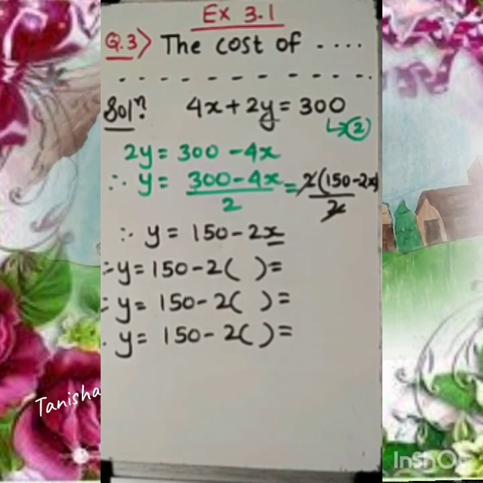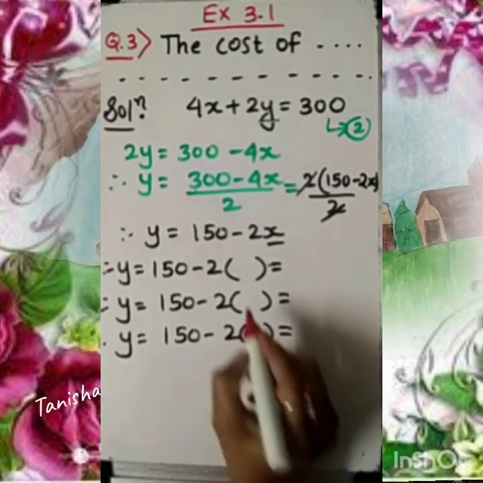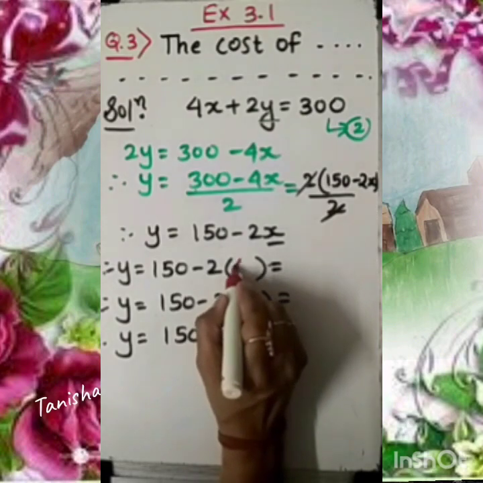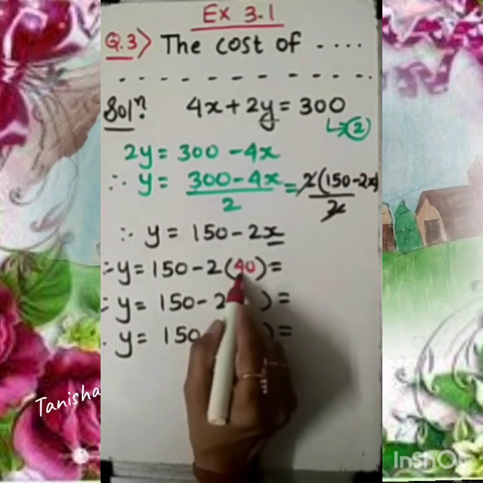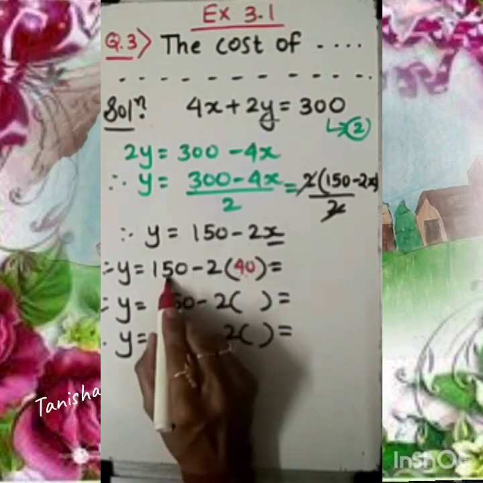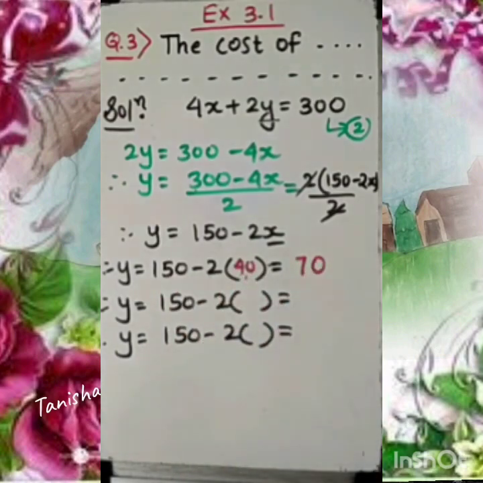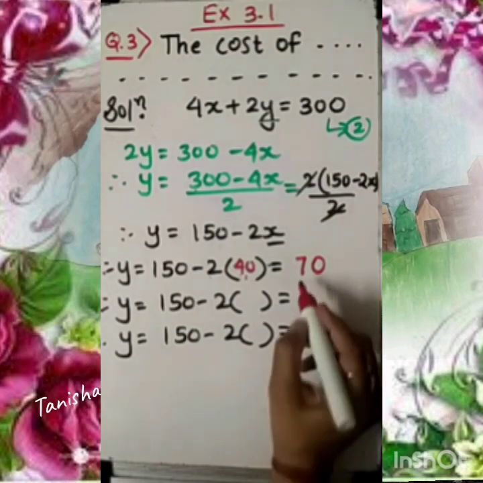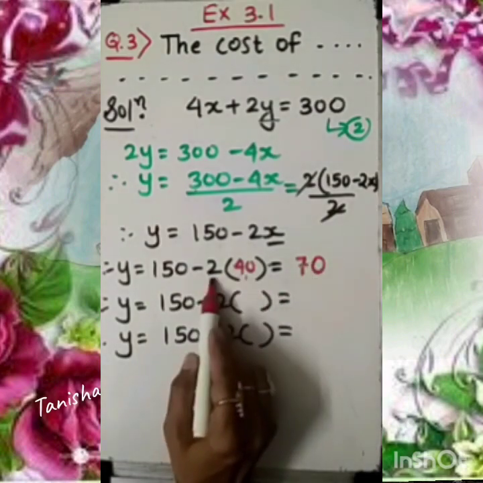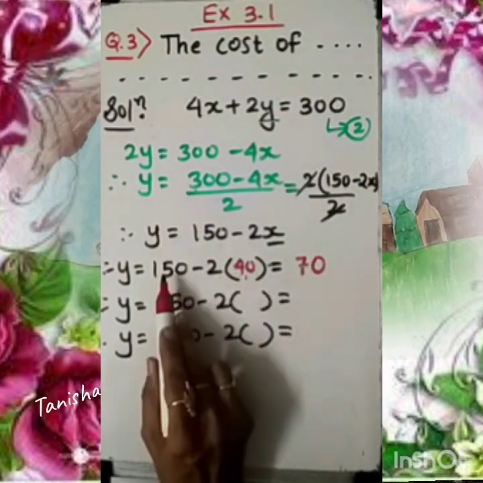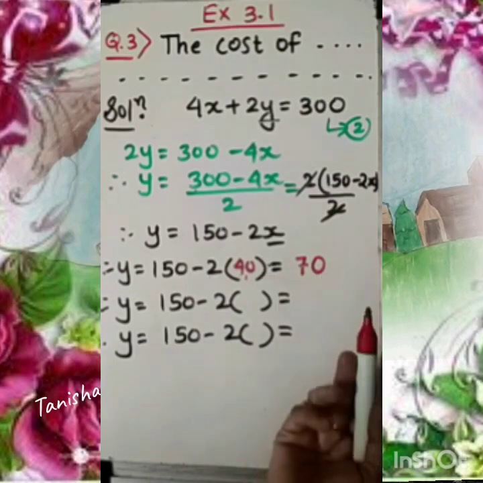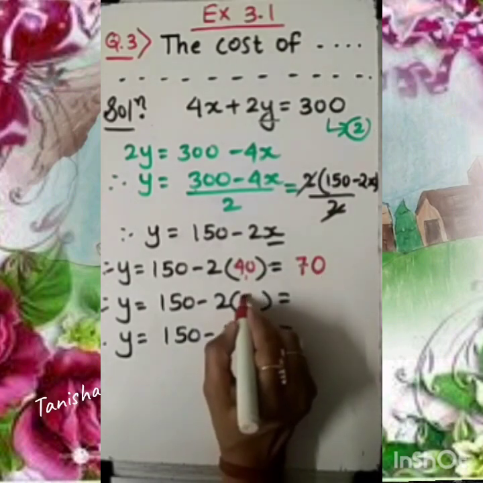Let me take in the first, can I take 40? So it will be 40 to the 80. 150 minus 80 gives the result 70. You can work out upon that.